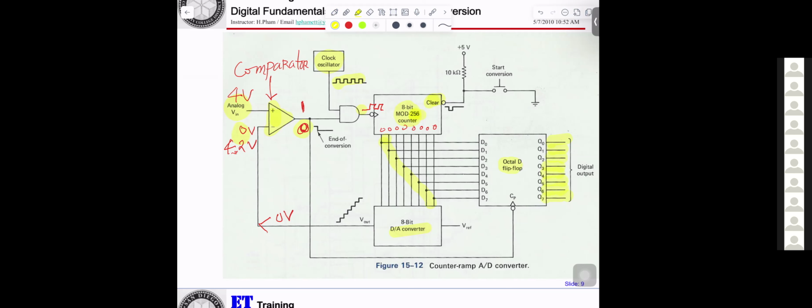How does the AD converter work? Depending on the resolution of the AD converter, it can be 4.2 volt, it can be 4.05 volt. That means the accuracy of the AD converter. But the general AD works like that.